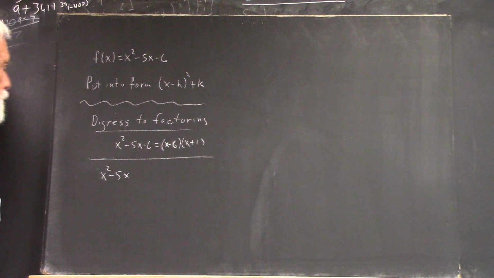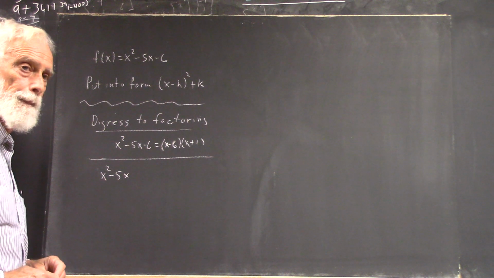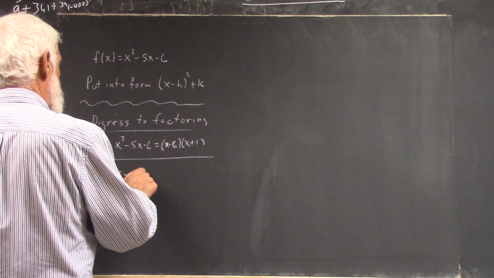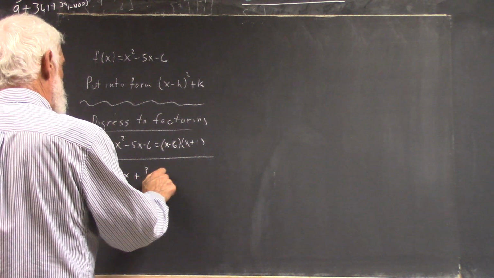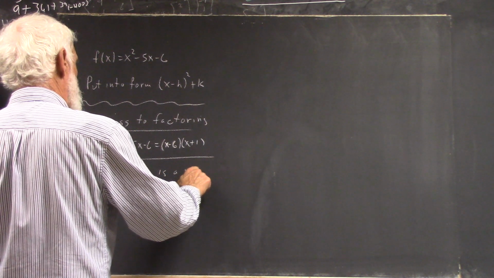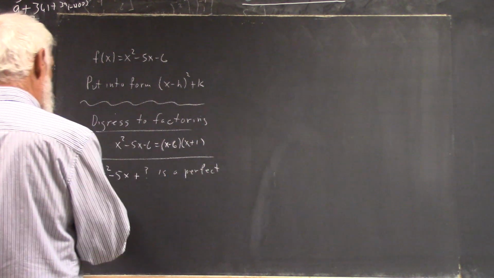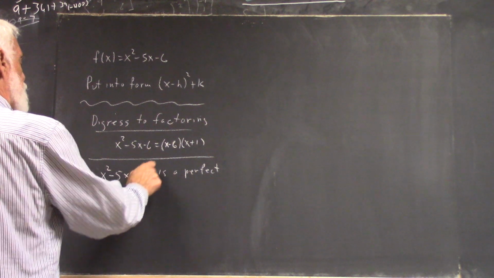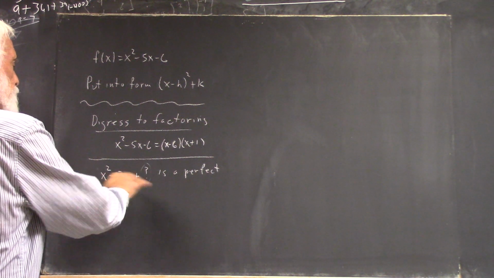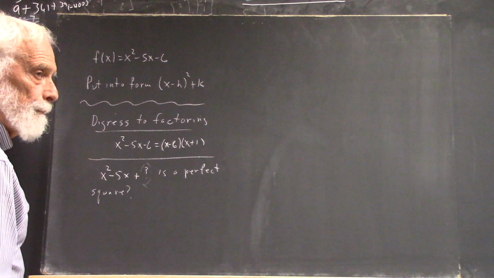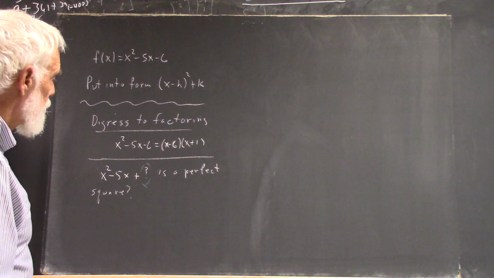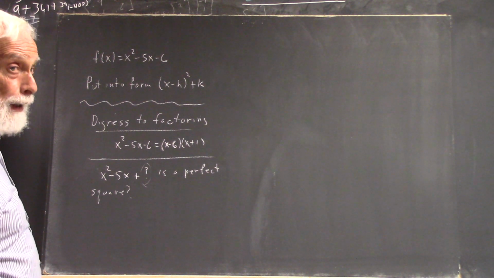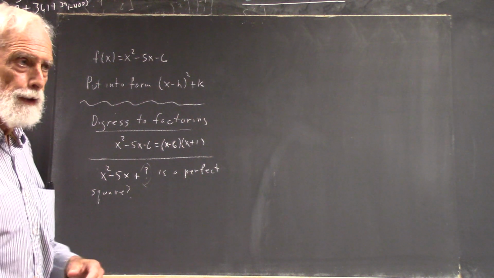Okay, now let's say we've got x squared minus 5x plus a question mark. What's the answer to the question mark that makes this a perfect square? Well, you've already seen the answer, but how would you get the answer if you didn't already know it?